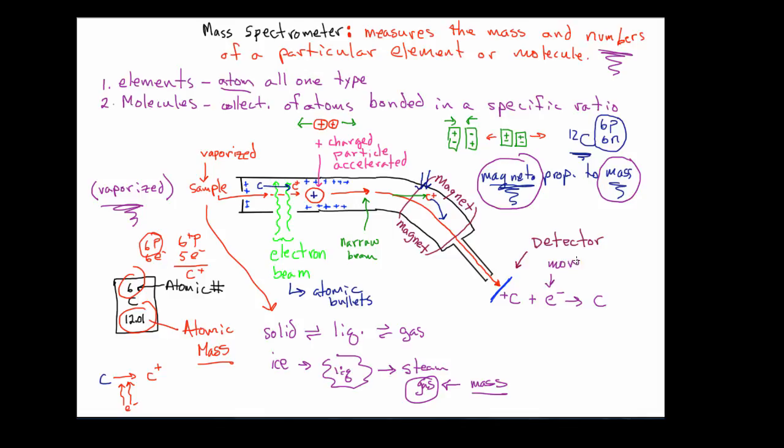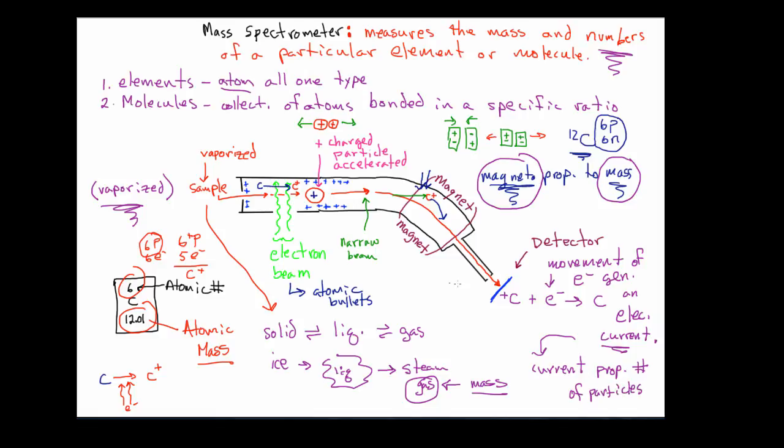The movement of electrons generates an electrical current. Now, the electrical current is proportional to the numbers of particles.